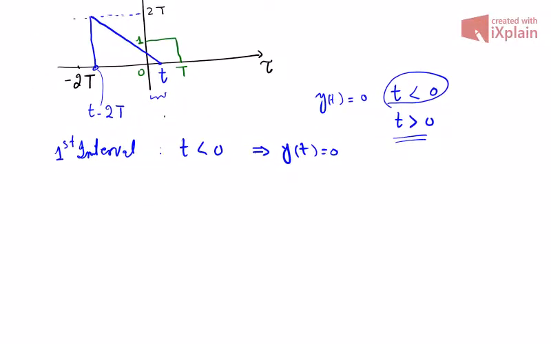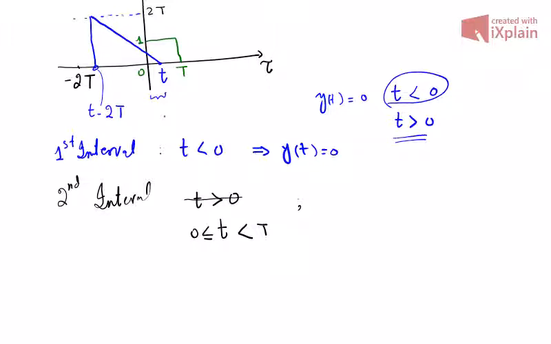In the next interval, the second interval, you can assume that t is slightly greater than 0, but it is less than capital T. So our next interval, we will write, t is less than capital T, but it is greater than or equal to 0.